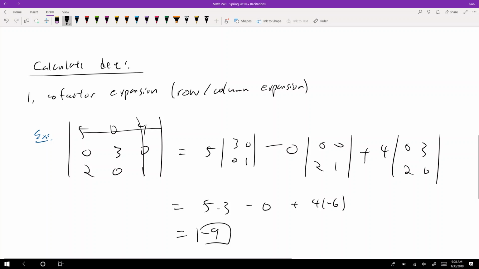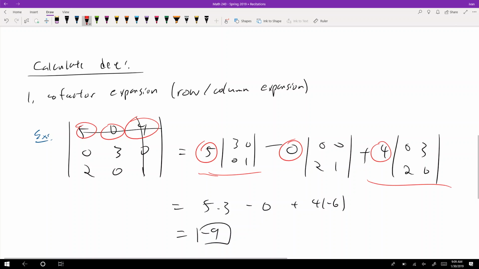However, there's actually an easier way to do this. The 5, the 0, and the 4 all came from expanding across the first row. So here we had to do essentially two calculations. We had to calculate this determinant and that determinant.